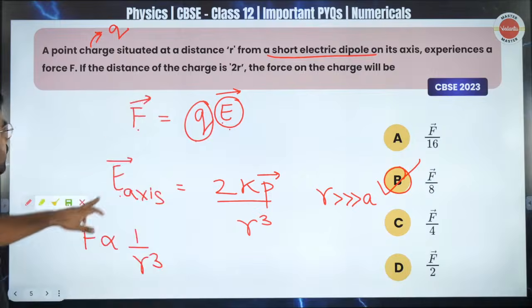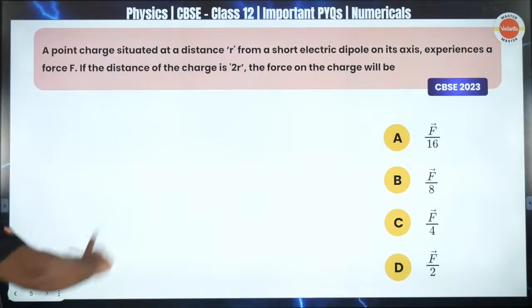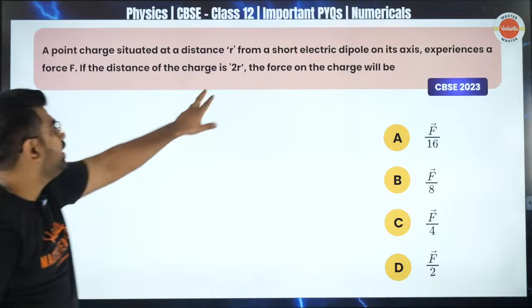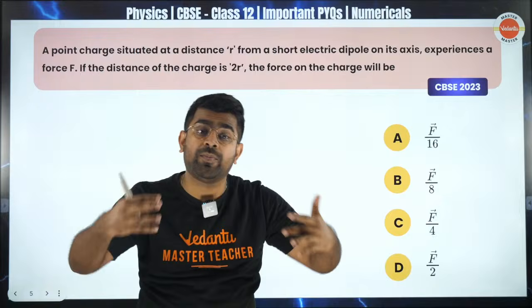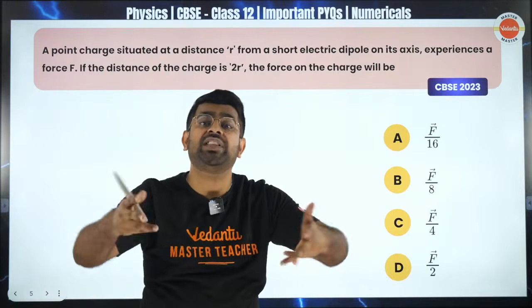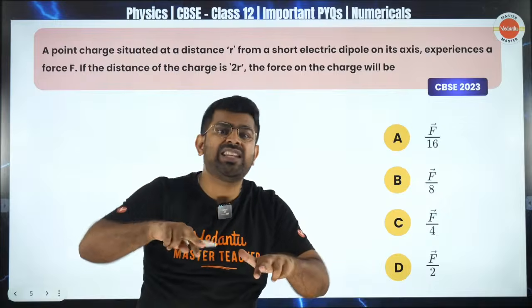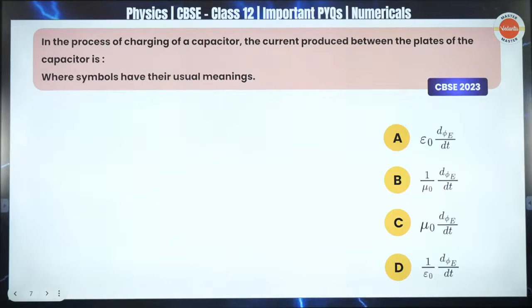So your force will be inversely proportional to r cube. So the answer is F by 8, because distance double ஆயிருக்கு. Distance double ஆனா force வந்து 1 by 8 times ஆயிரும், ஏன்னா distance double ஆனா distance ஓட cube வந்து 8 times ஆயிரும். So inversely proportional, அதனால தான் 1 by 8. சரியா? So அடுத்த கேள்வி, let's go forward.